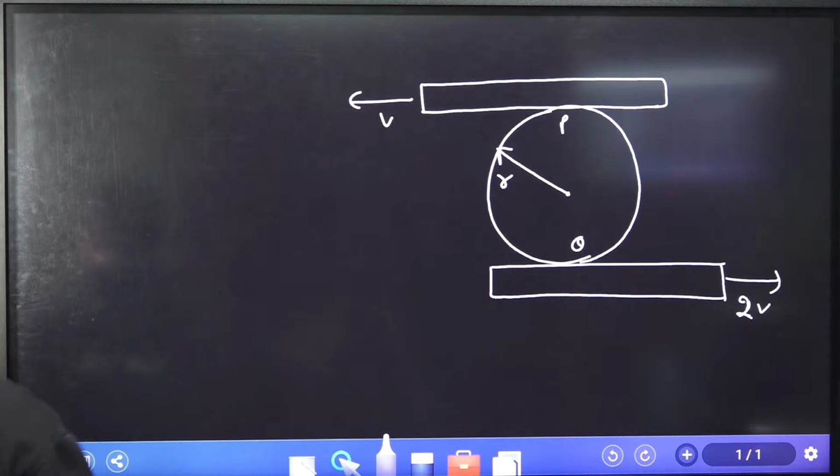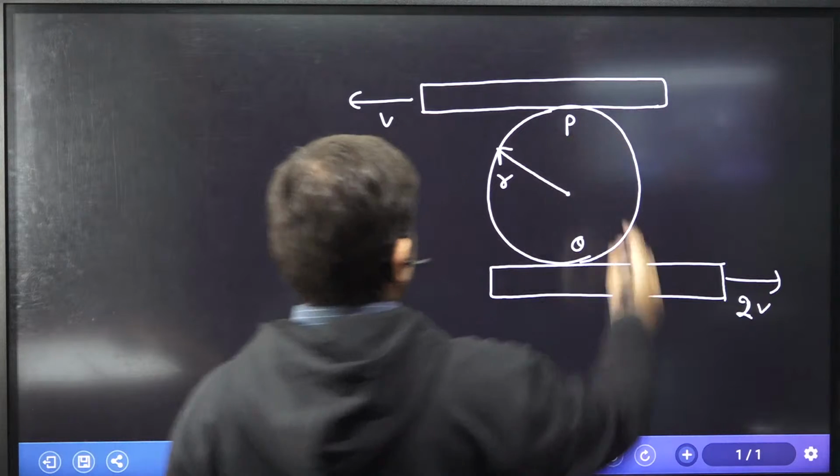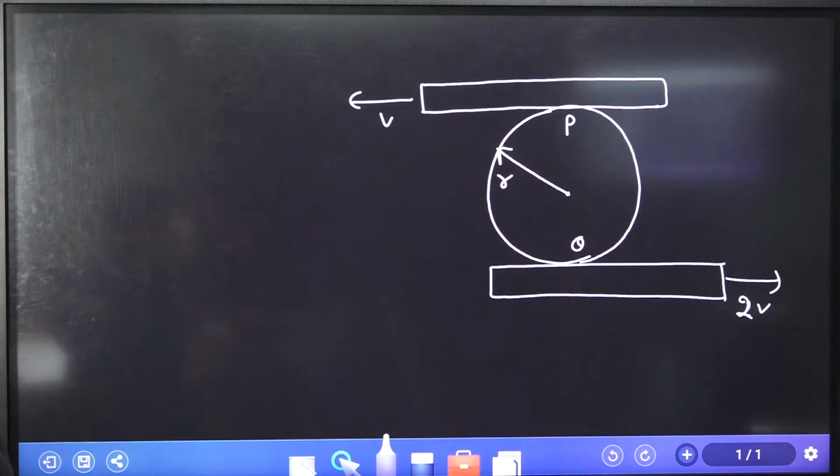There is a circular disk of radius r, and it is confined to roll without slipping at points P and Q. If the plates have velocities as shown, what is the magnitude of the angular velocity of the disk?